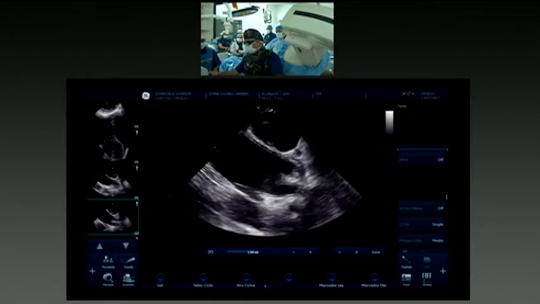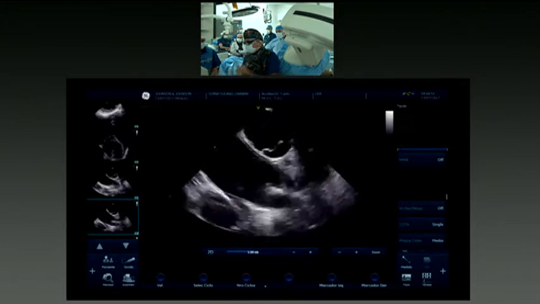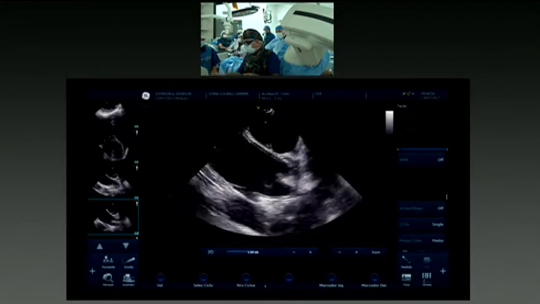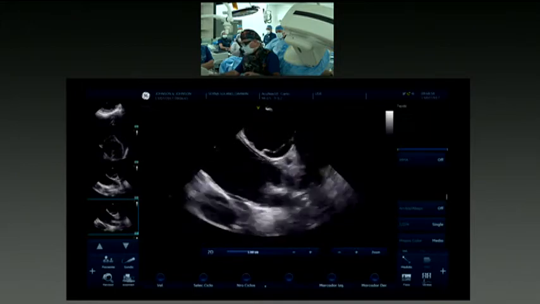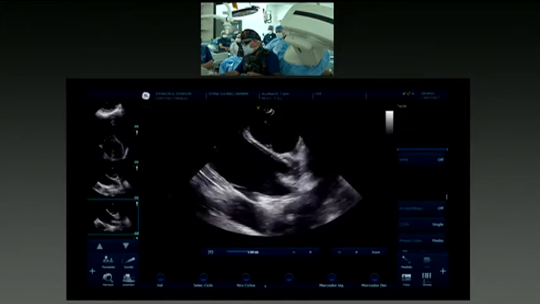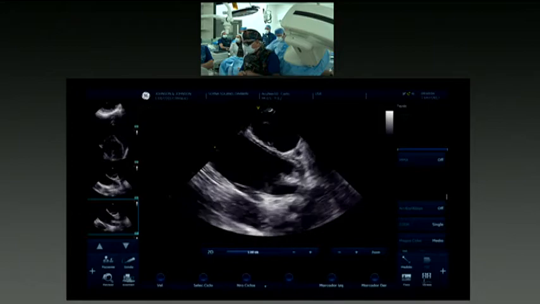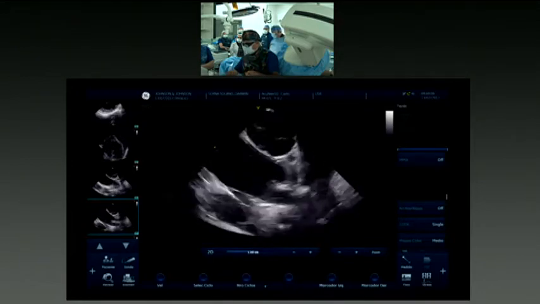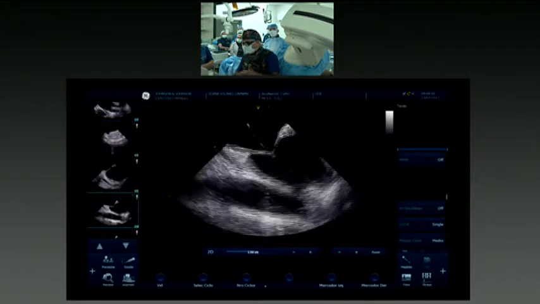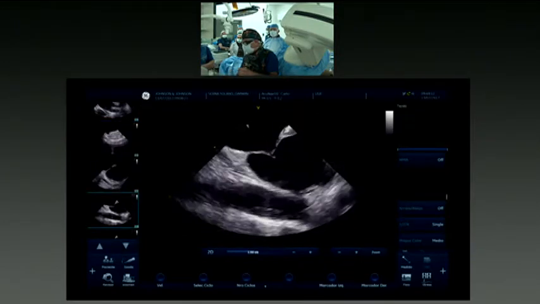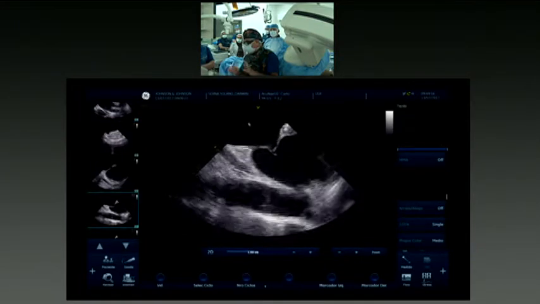We see the left upper pulmonary vein and the left appendage with no particular images in the lower aspect, and the entry of the left upper pulmonary vein. You can see the guide wire coming into the left atrium. This is the puncture site we chose.